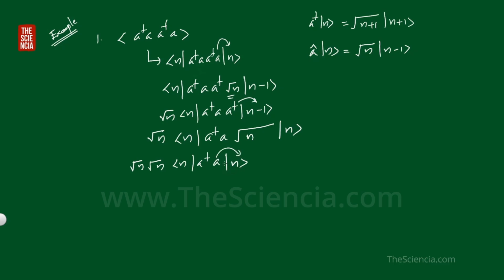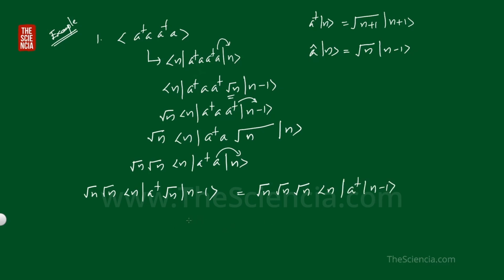So when this annihilation operator operates on this one, we will get root n bra n a dagger, that is root n into ket n minus 1, and we can take this root n outside, that is equal to root n into root n bra n a dagger ket n minus 1.